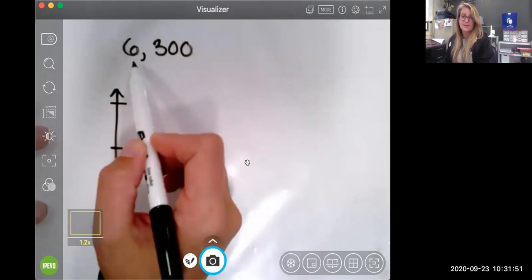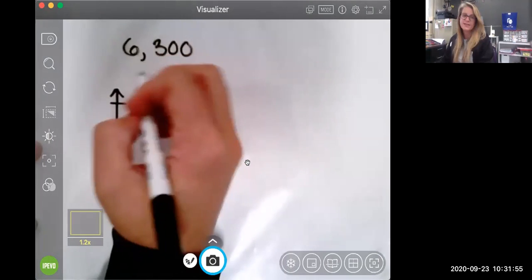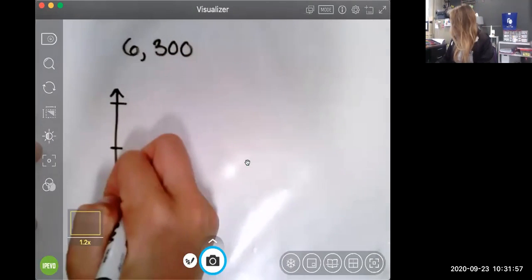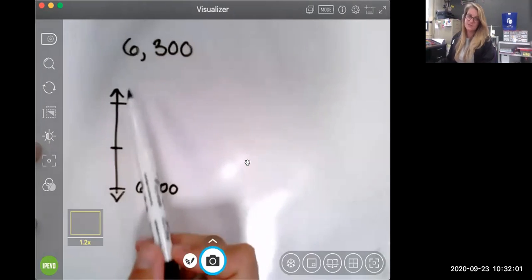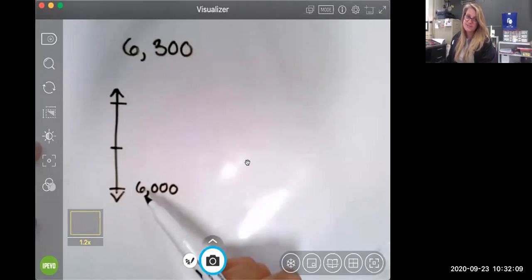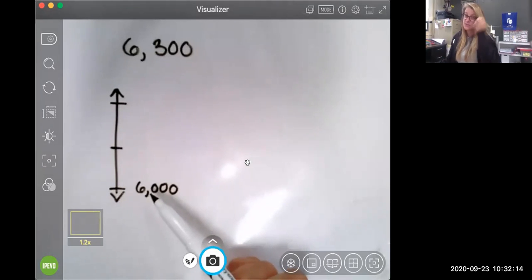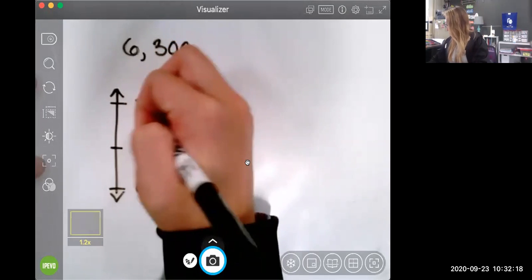That is the best way to find your lower thousand, by identifying how many thousands this number has. So 6,000 is less than 6,300, and that is the closest thousand below 6,300. Then we're going to add one more thousand to 6,000 to find the closest thousand higher than 6,300. So that would be 7,000.